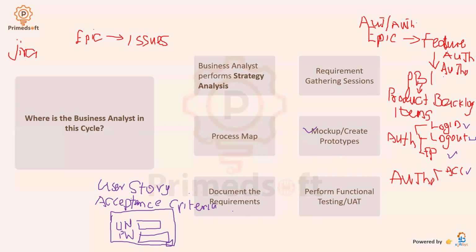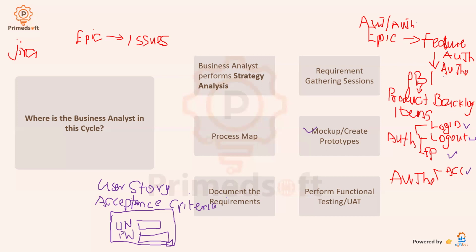And when you're done with prototyping, you need to document every bit of it. You document it in what we call a software requirement document. Okay, I will use this one, business requirement document. So you document it in a particular format, in a document, so that anyone can come and see what you have done.